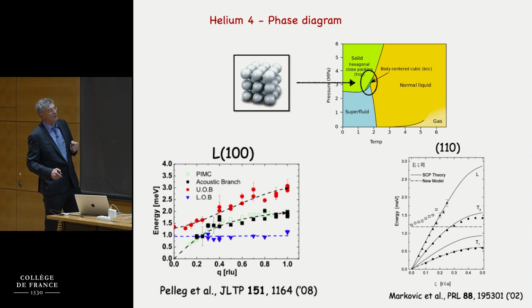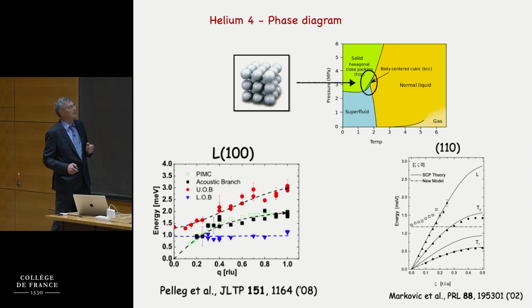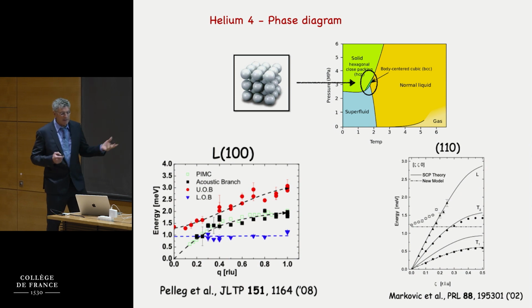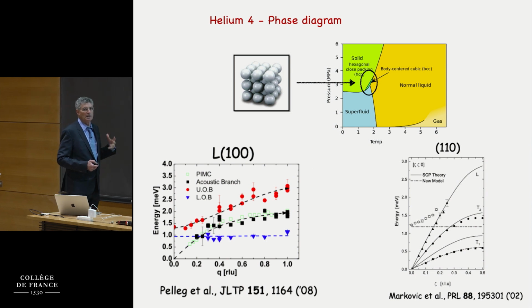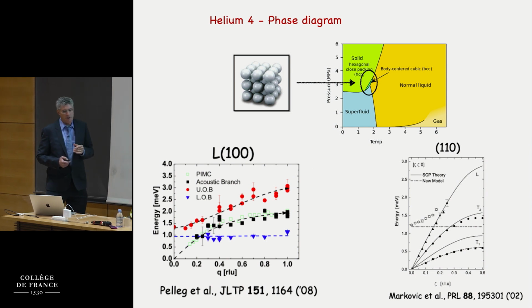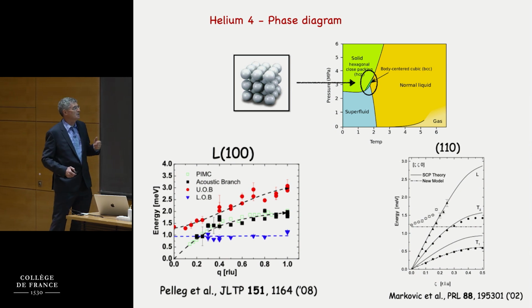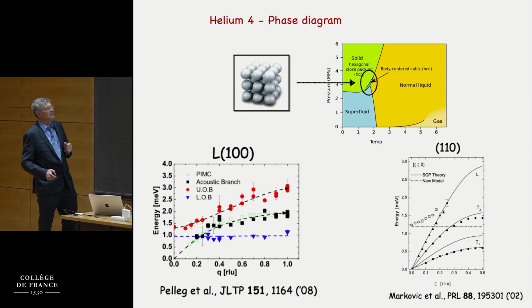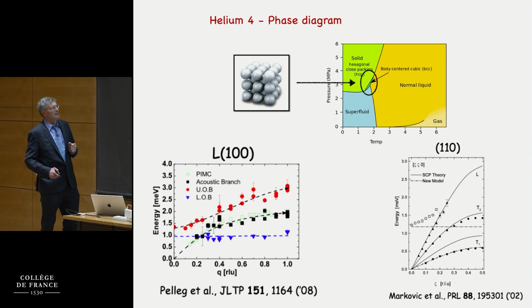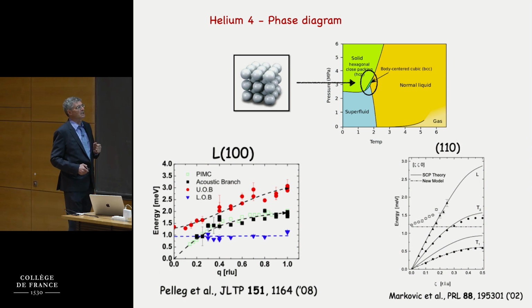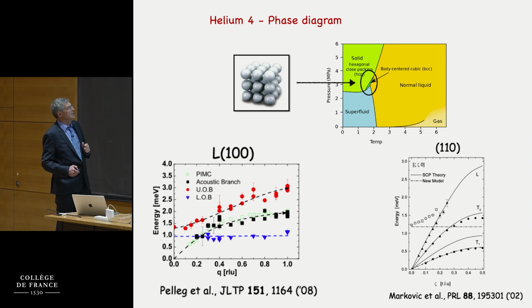This was a mystery. What is this mode that appears here? There were lots of ideas, vacancies and disorder, but these were not very convincing because it was found in systems that were relatively clean, and also it dispersed. It was kind of like a real mode in the system, not just a bunch of impurities.